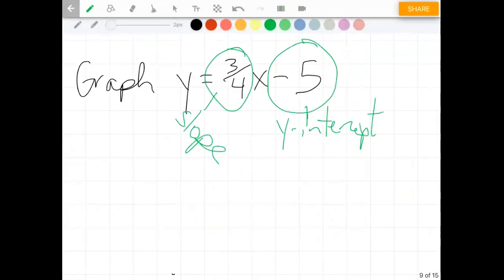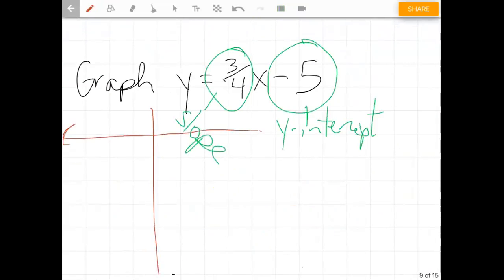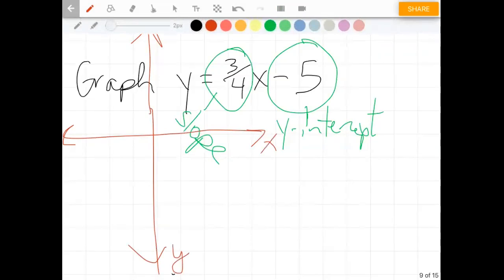So if we were going to graph this, we'll plot our xy axis. I'm actually going to move it up here. Here's our x-axis, y. So our y-intercept is -5. So that means I'm going to go and plot 1, 2, 3, 4, -5 is right there.